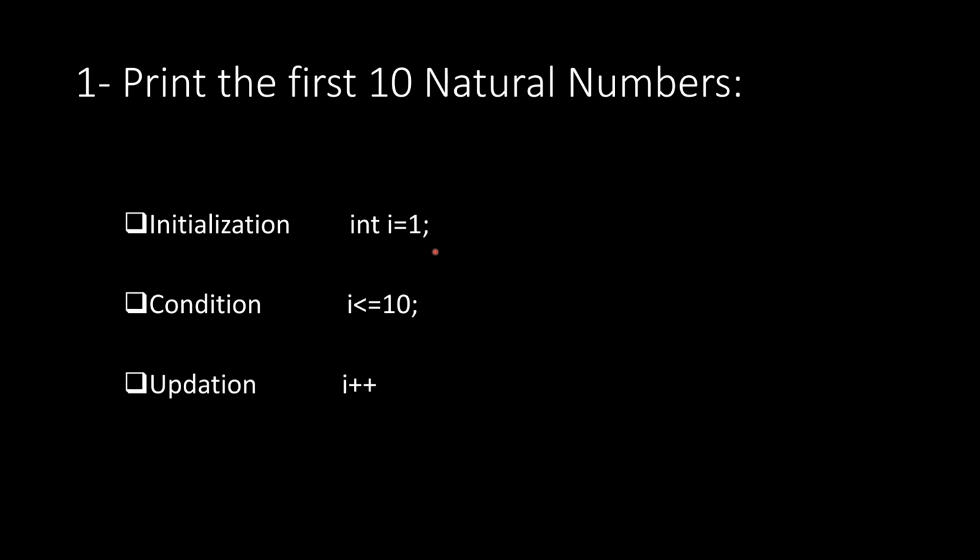So it means that our output will start from 1, and the condition is i should be less than or equal to 10. Whenever this condition is true, our code will be executed, and when this condition becomes false, our loop will end. And in the updation, we have an increment, which is represented by the double plus sign.